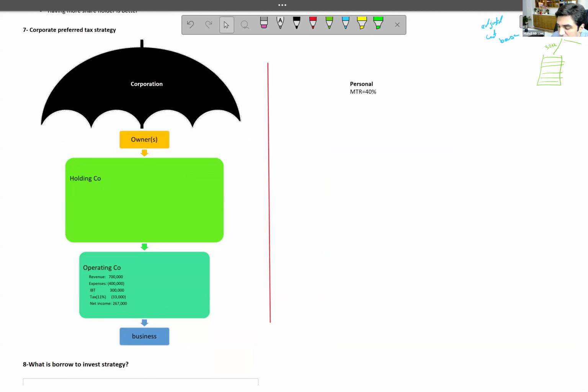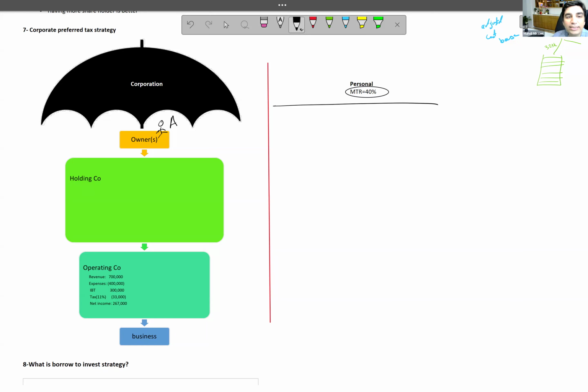Interesting. So imagine that we have a person, let's call him Mr. A. Mr. A owns a corporation. And on the personal side, Mr. A has a marginal tax rate of 40%. Do you remember what the marginal tax rate was? What was the marginal tax rate, Zora? You forgot about it. Okay, no problem.